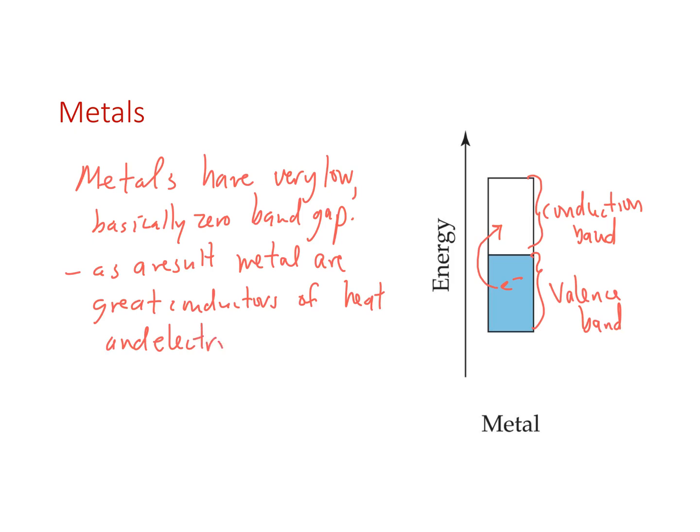And that's because it takes very little energy to move an electron from the valence band and kick it up into the conduction band where that electron is free to move. Because there is no energy gap, there is no band gap separating that conduction band from that valence band.